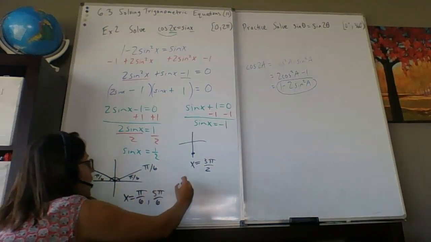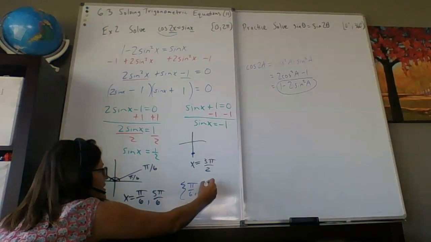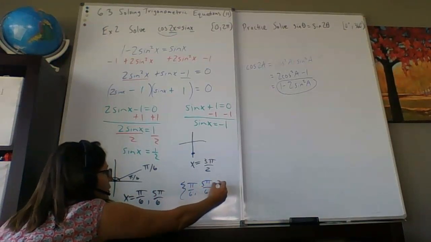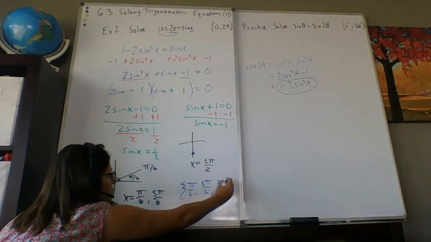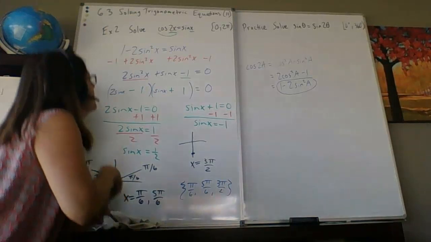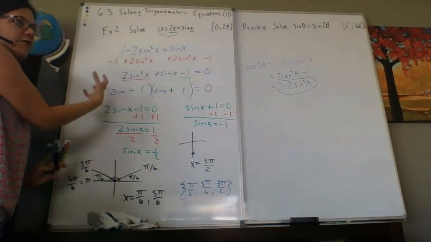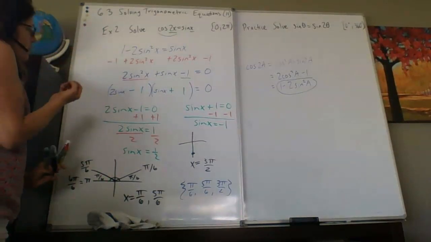So putting this all together, we get pi over 6, 5 pi over 6, and 3 pi over 2. Remember when we have equations quadratic in form, once we get here, we're expecting 4 solutions, or we're fishing for 4 solutions.